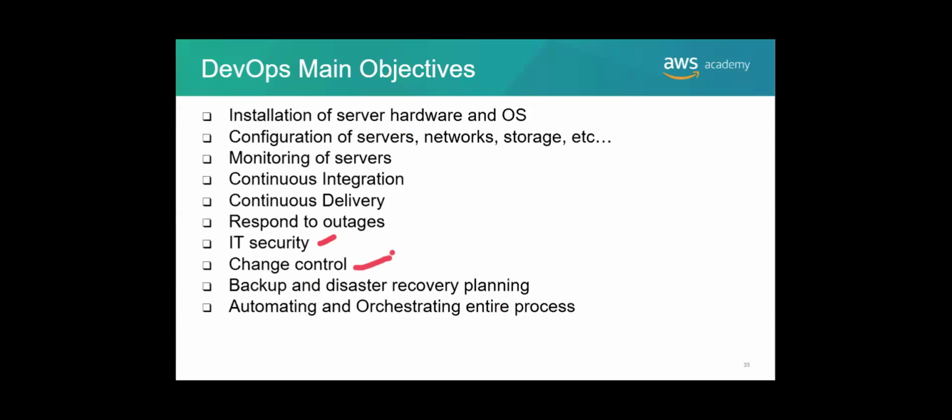Next, change control. You can change the control. Next, backup and disaster recovery plan. Backup and recovery means, as I told you, AWS or the cloud will take a backup copy, but you can also set one more copy if it is very important.